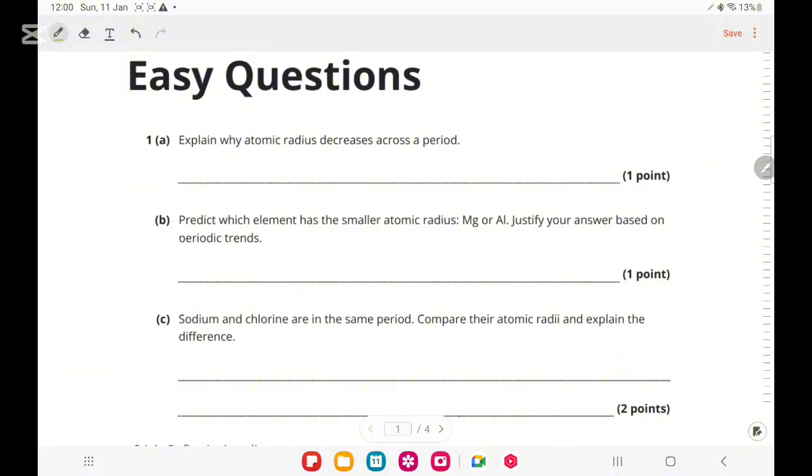Atomic radius decreases across a period because of the increase in nuclear charge.